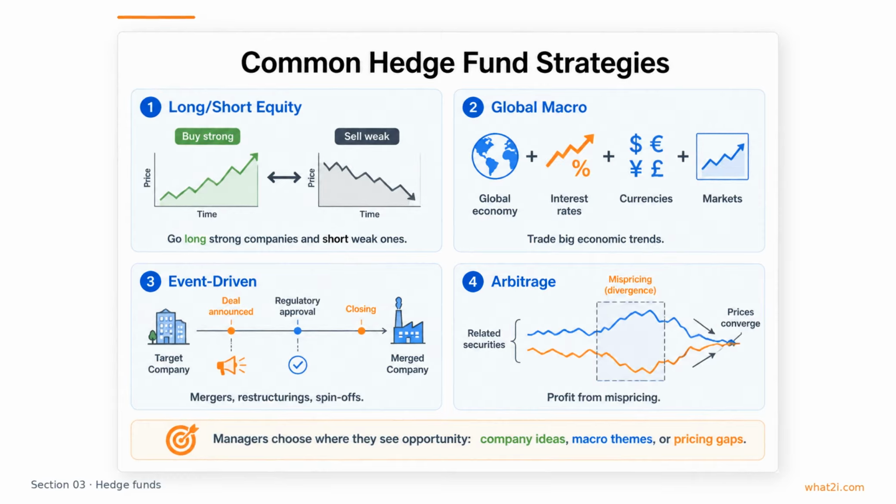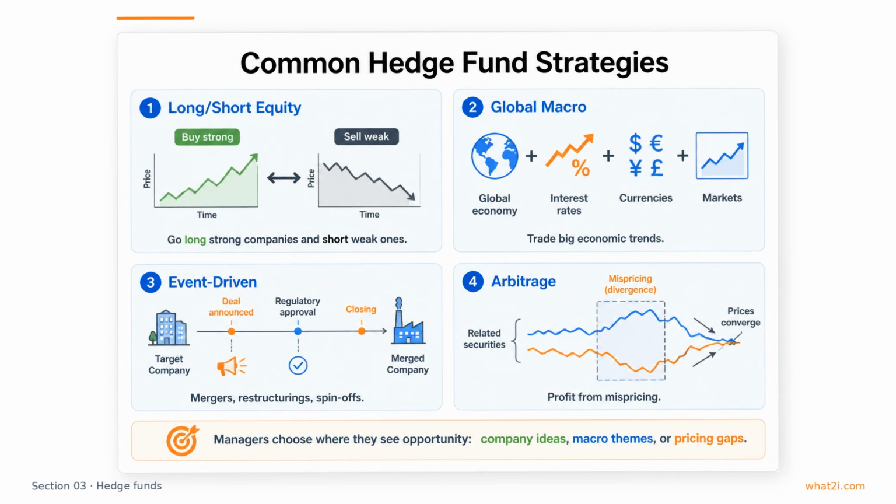Event-driven funds focus on specific corporate situations like mergers, restructurings, or spin-offs. Arbitrage strategies look for temporary pricing gaps between related assets and try to profit as those gaps close. These approaches can look very different, but they all rely on active judgment rather than passive ownership. In Forex, global macro and relative value strategies are especially relevant because they often target cross-country policy and valuation differences.